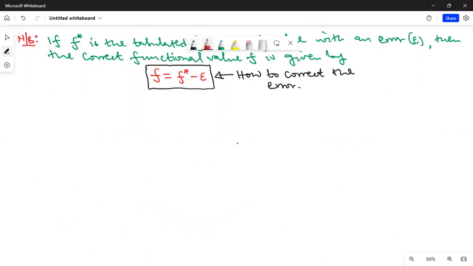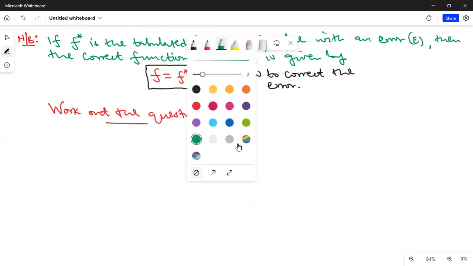So we need to answer the question or work out the question. So that table, come up with the finite difference table. What we do is to construct a finite difference table.